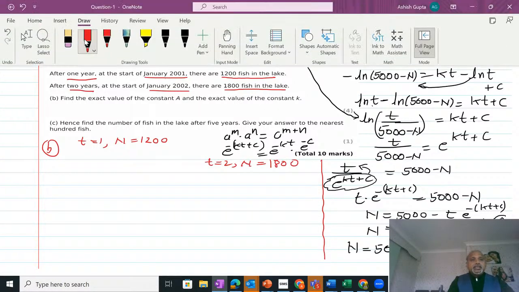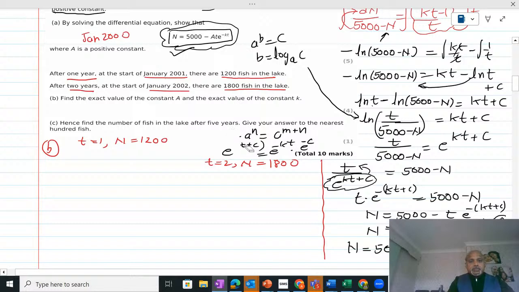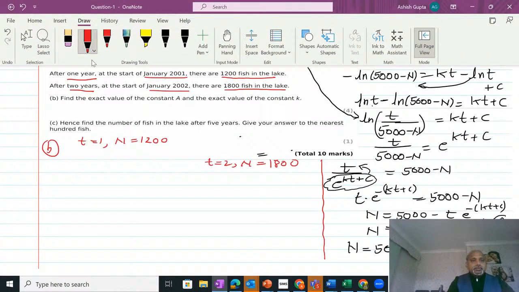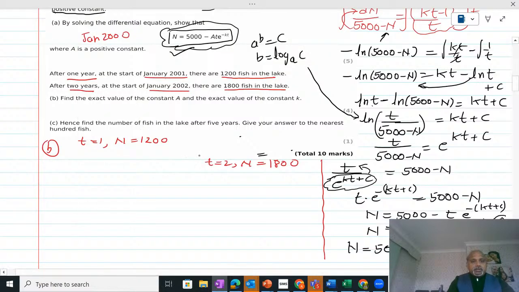Let me clear this so that we have space here. Okay, so let's draw a line in the middle. We can solve both. Now we have this asterisk sign equation.